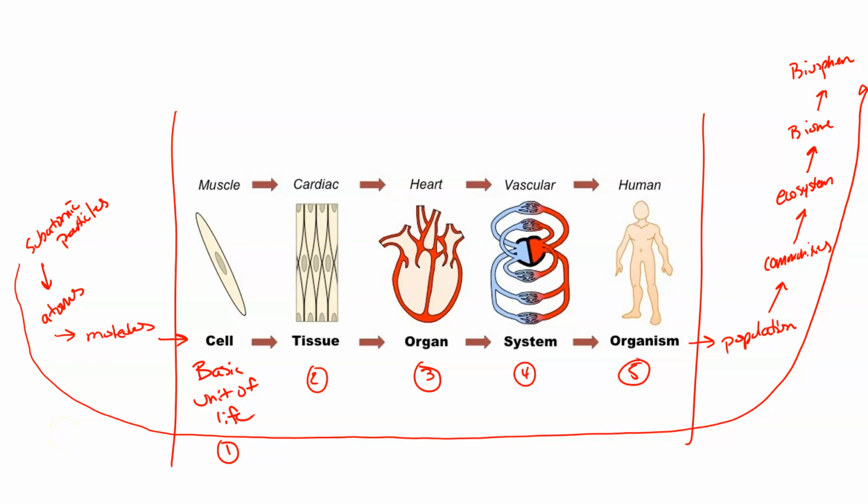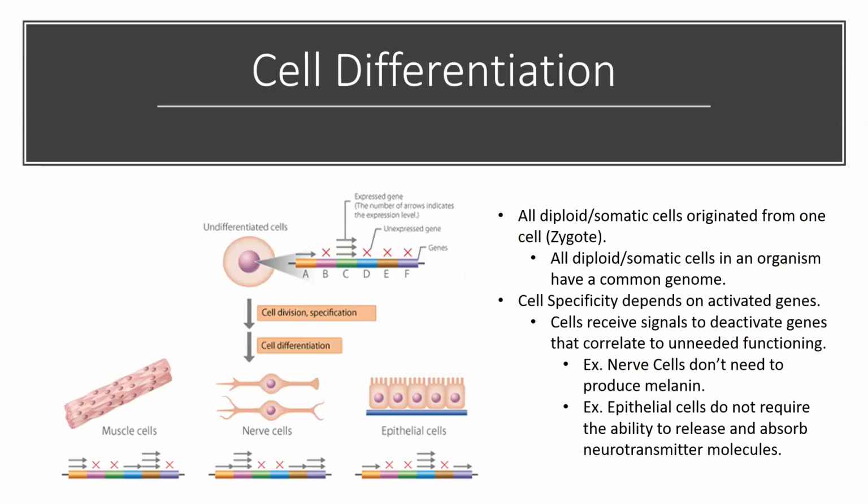This will be the focus when we get into ecology in second year IB, but for now, we'll just label this ecology. But know that it's here at this point. This is the section we're focusing on within this cellular biology topic, but for now, let's move on. Cell differentiation.